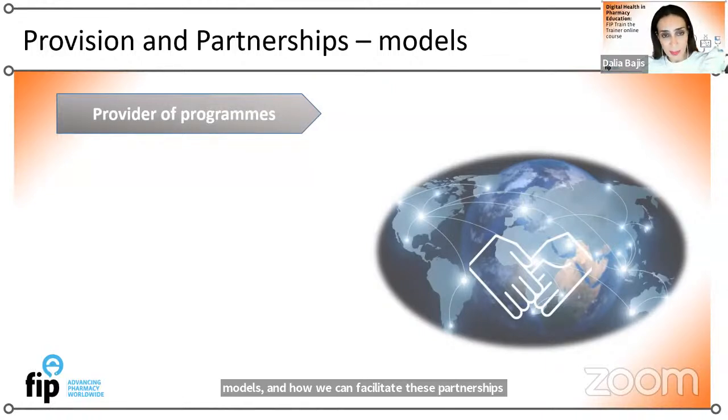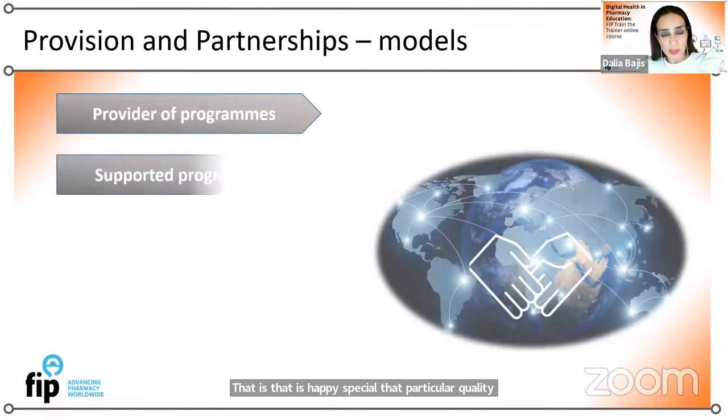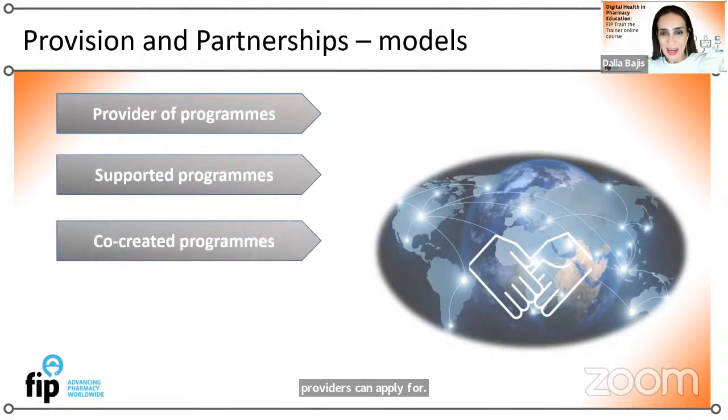The first one that appears on your slide is working with providers of continuing professional development through the FIP seal. That is an FIP seal that is a signal of quality, that particular quality providers can apply for.